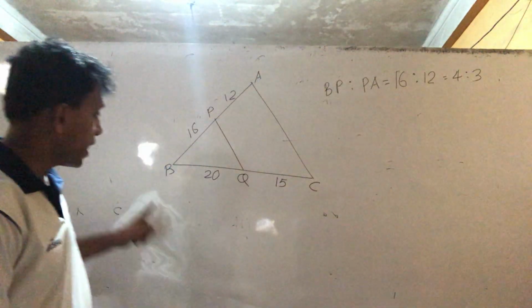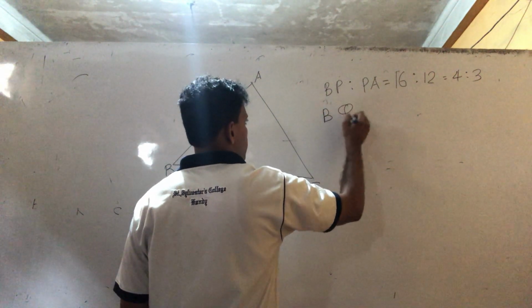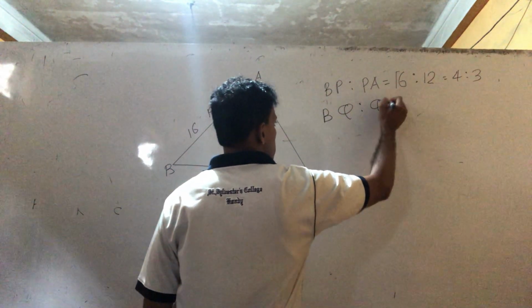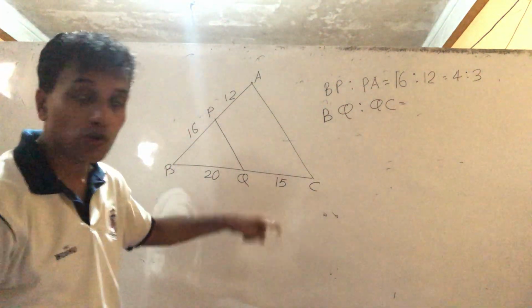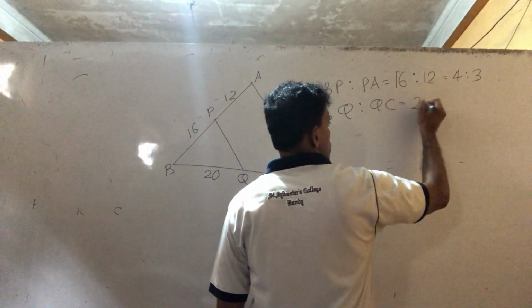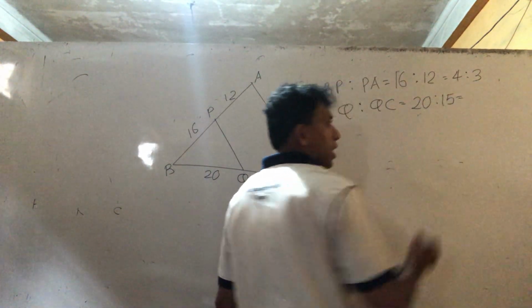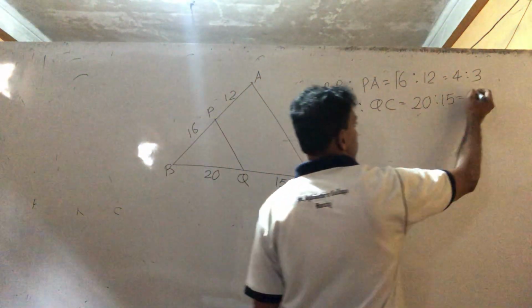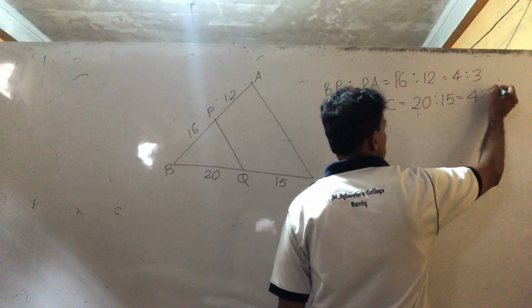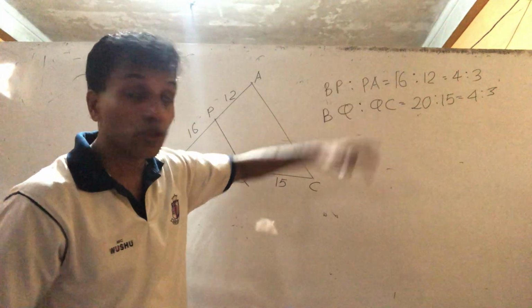Now take the other part, BQ is to QC. What is it equal to? 20 is to 15. Divide by the common factor 5. What is that? 4 is to 3. So both are the same ratio.